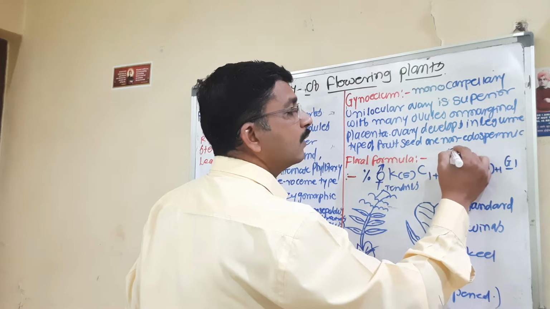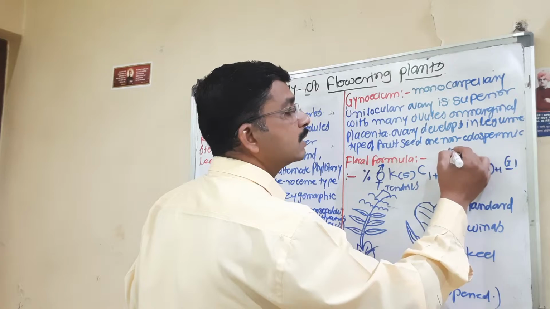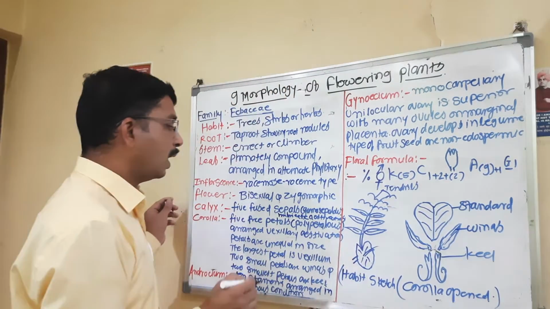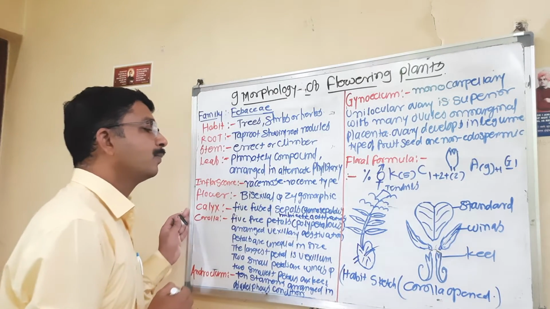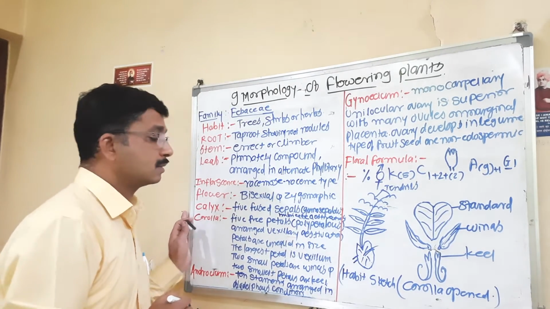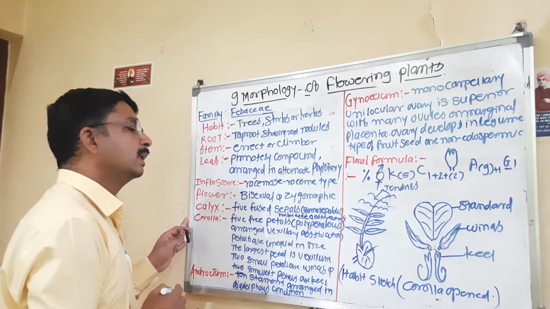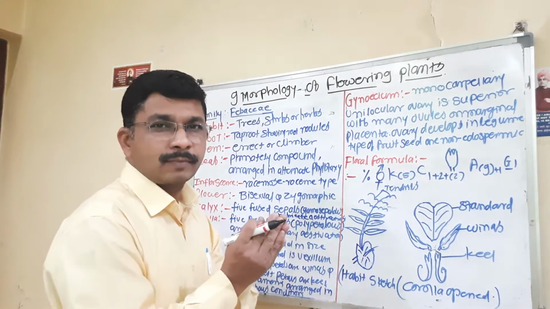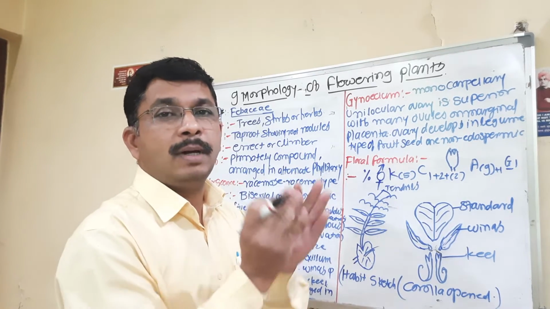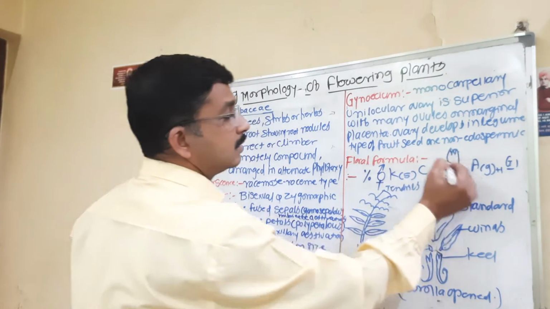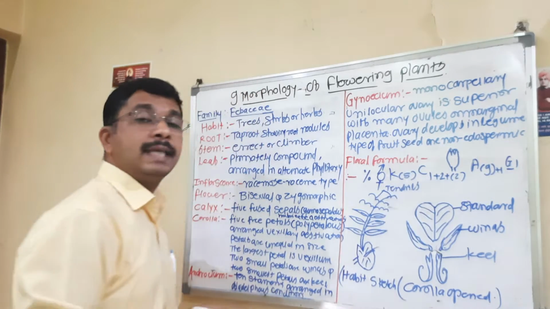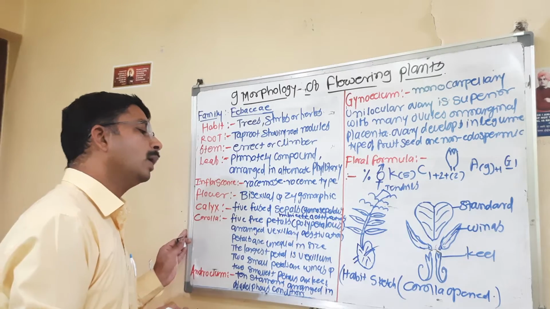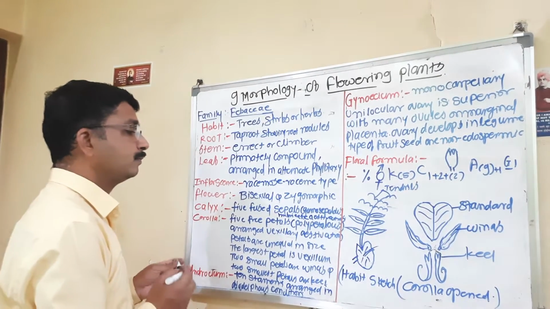These sepals get fused to form this kind of tube-like structure. That's why we call this calyx gamosepalous. Gamo means fused. The sepals get fused to form a tube-like structure, and that condition is called gamosepalous. And then it shows imbricate type of aestivation.